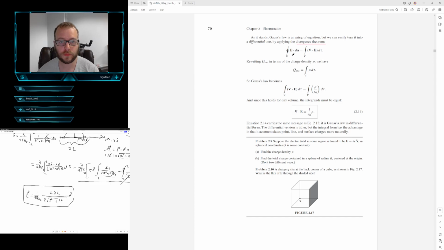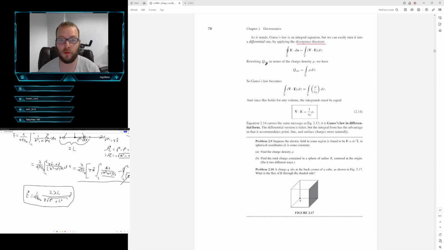Remember, we can turn surface integrals into volume integrals, and we can turn line integrals into surface integrals. So, applying the divergence theorem, we take the divergence of E.